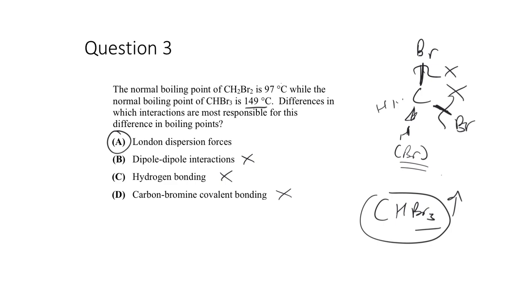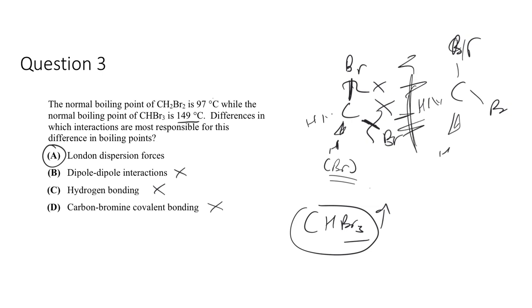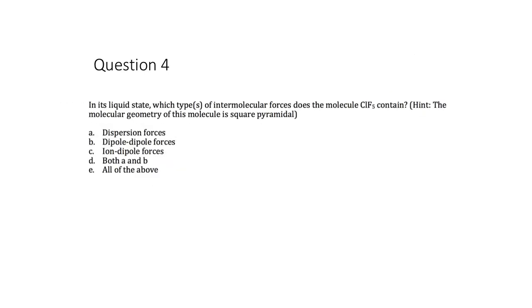We're just breaking the intermolecular forces between adjacent molecules, the attractions between molecules. And so we're just going to be increasing the dispersion force with that third bromine on CHBr3.